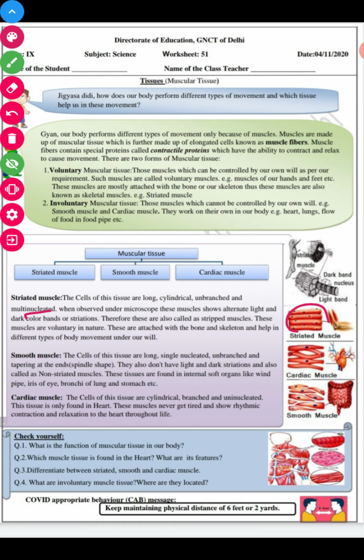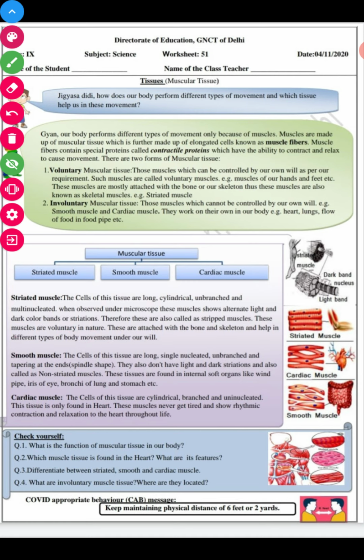So, multinucleated. When observed under the microscope, these muscles show alternate light and dark bands, or striations, and therefore they are called striated muscles, and they are voluntary in nature. These are attached to the bones and skeleton and help in different types of body movements under our control.